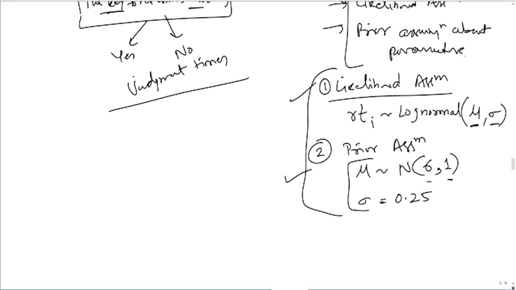You have a prior belief that the parameter mu is somewhere around 6 and sigma is equal to 0.25. Given this prior belief, what kind of data would the model generate on a judgment task? That is what we want to figure out, and that is what we call the prior predictions of the model.